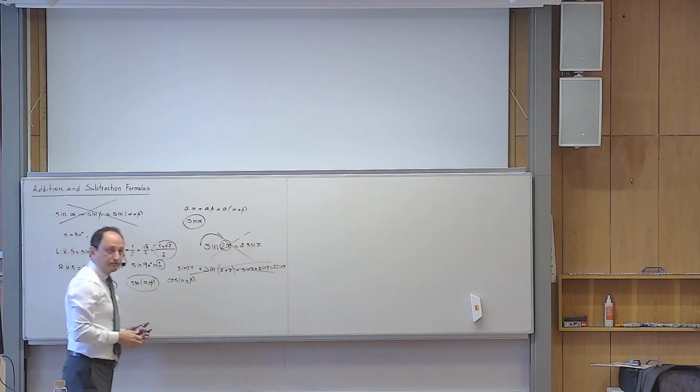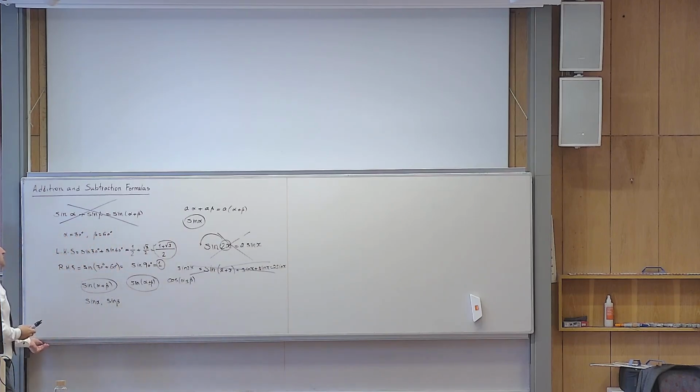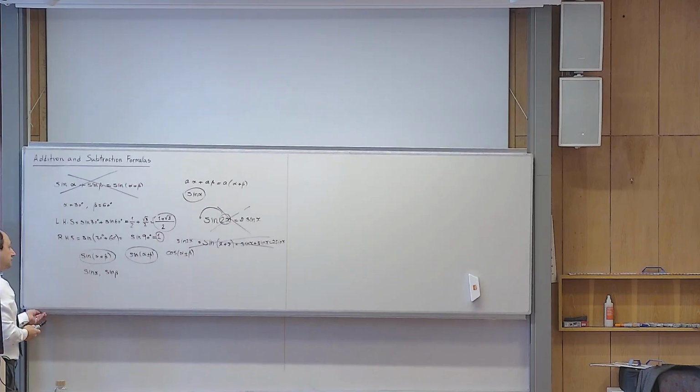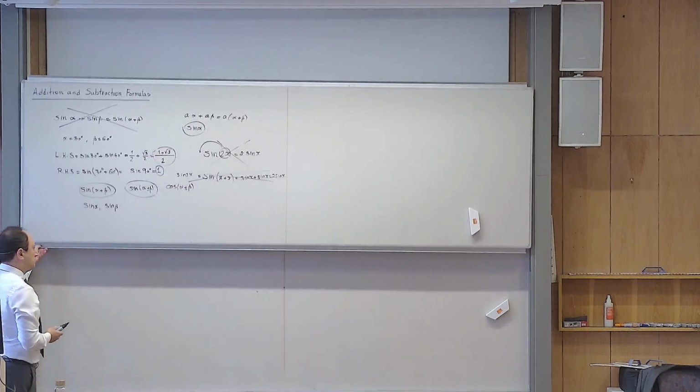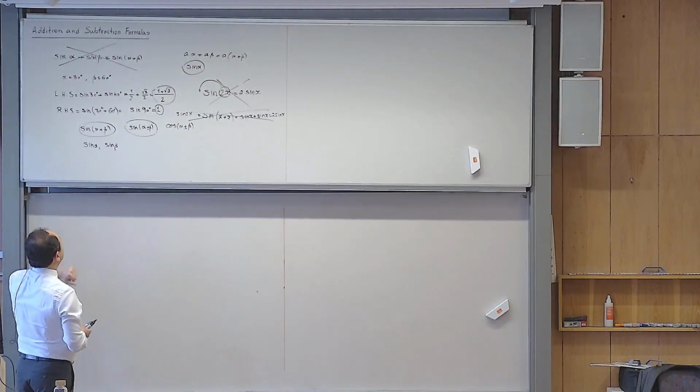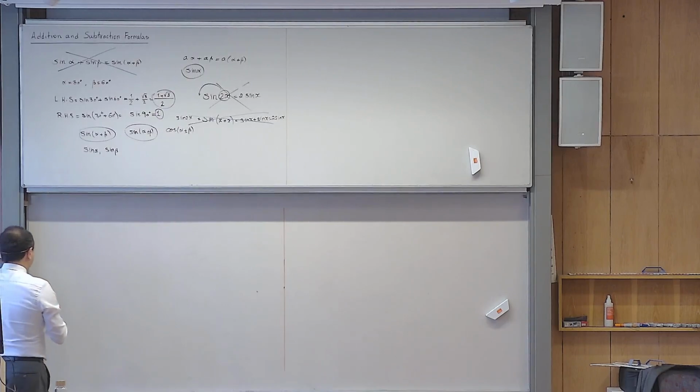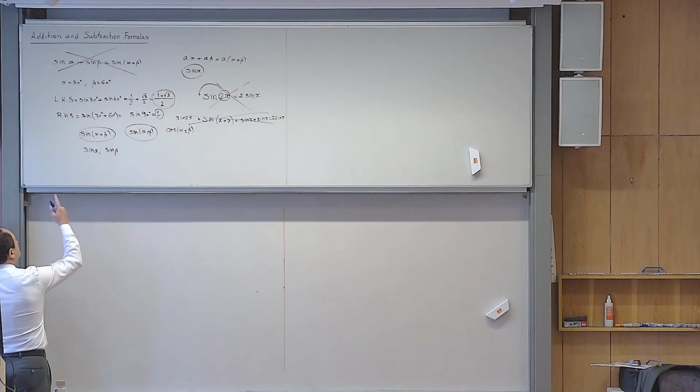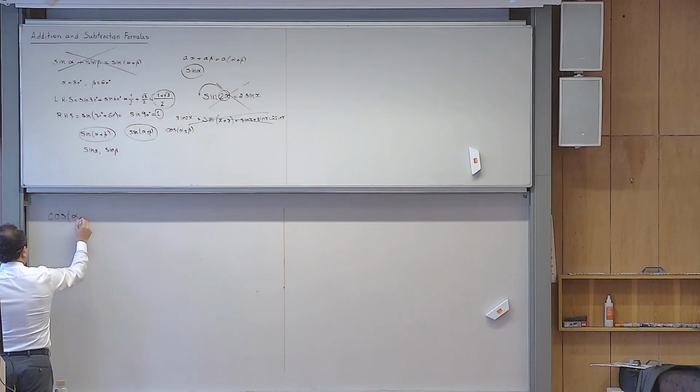Okay, so now let us start writing the formula. Even though I started my example from sine, the first formula, there are 4 formulas, but one of them I will write down here. If someone asks you, what is cosine alpha minus beta?